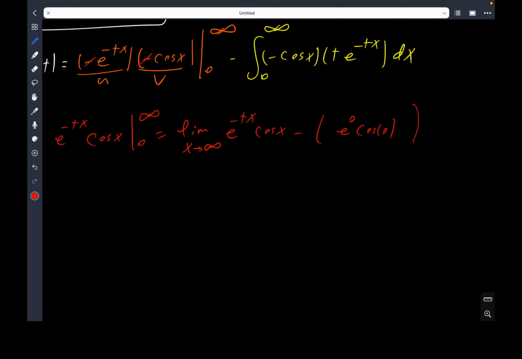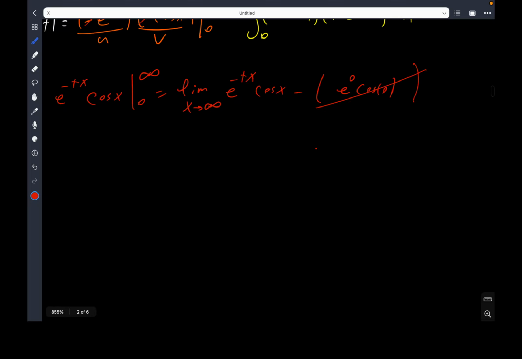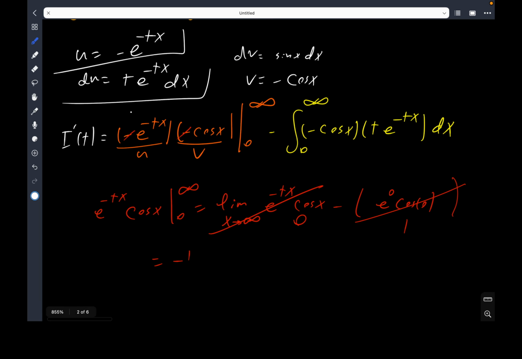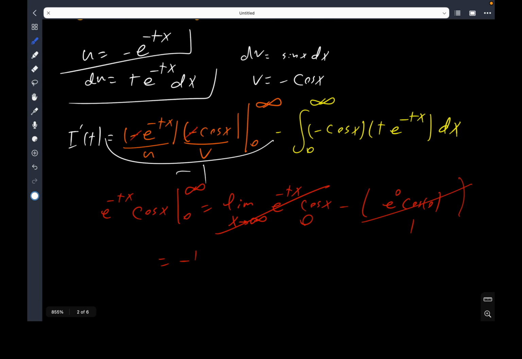Cosine of 0 is 1, e to the 0 is 1, so that is 1. Cosine of infinity oscillates, but e to the negative infinity is 0, so this term is 0, and I'm left with negative 1. So the evaluation of this limit here is negative 1.